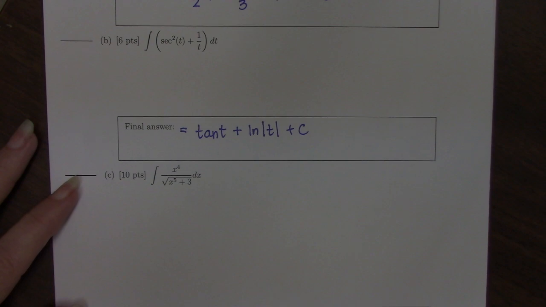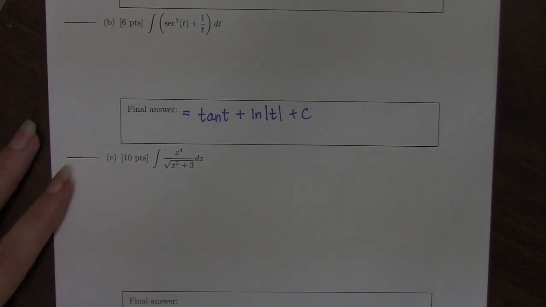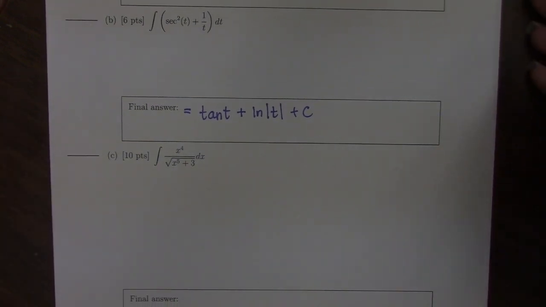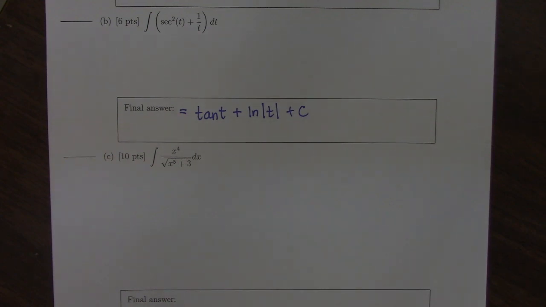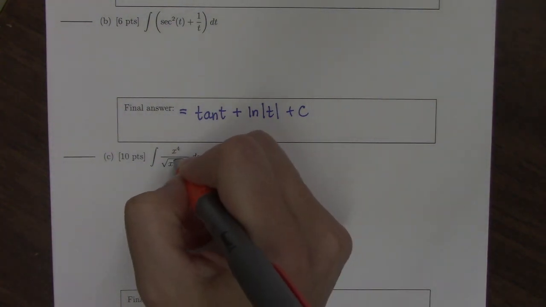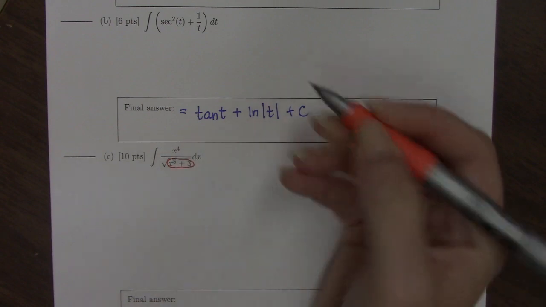The next problem is going to require u substitution. So I can see here, I don't recognize this as a known derivative. It's definitely not something I can rewrite as a power rule because I have this expression trapped in my denominator inside a radical. So a good candidate for my u is going to be everything that's inside the radical.